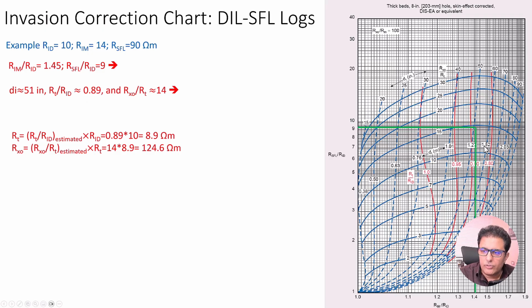And the next thing, from the blue curves, I should read the ratio of RXO over RT, that is here 14. So just by doing some simple multiplication, I can estimate RT here is equal to 8.9 ohm meter and RXO is 124.6 ohm meter.